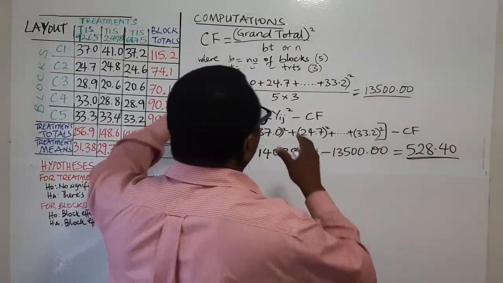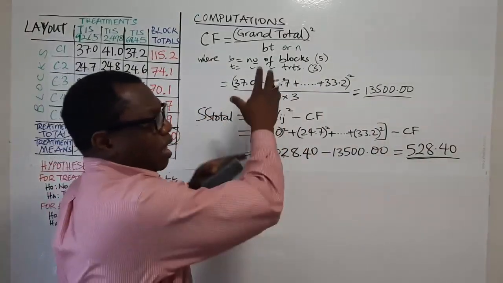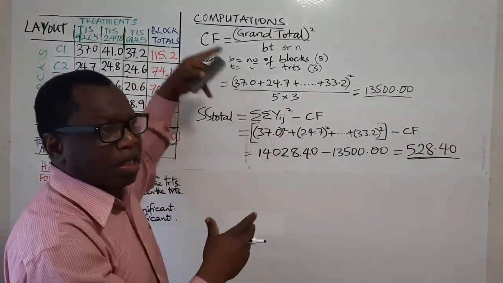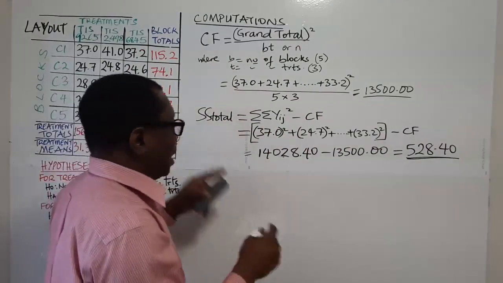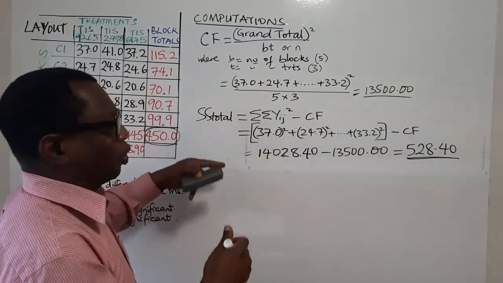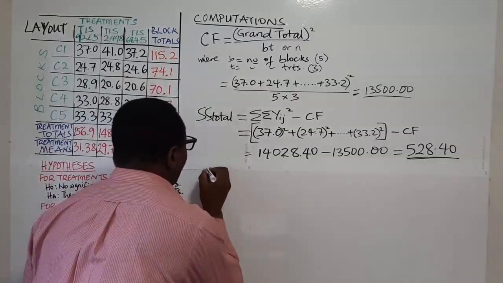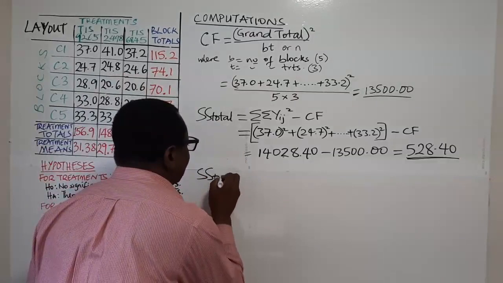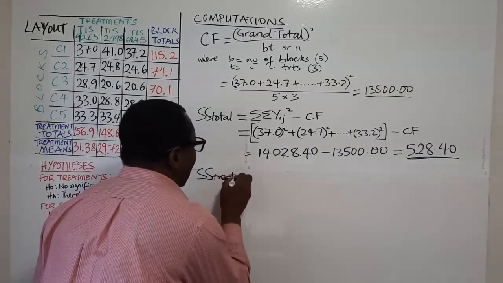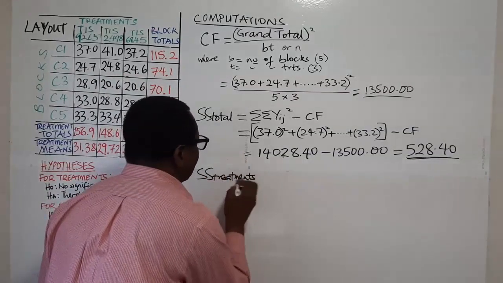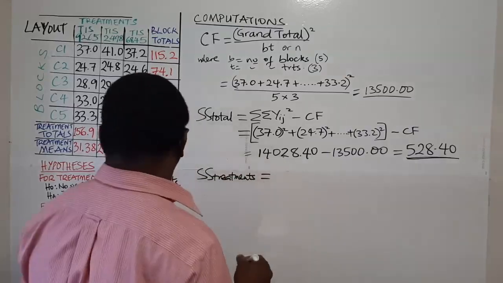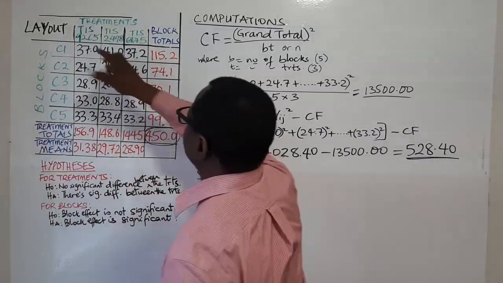Now, up to here, everything is exactly as we have done under CRD. Next thing under CRD, of course, we'll calculate SS treatment. So here also, let's do that. So we'll have SS treatments. And SS treatments, if you recall, it's usually the treatments, these are the three treatments.